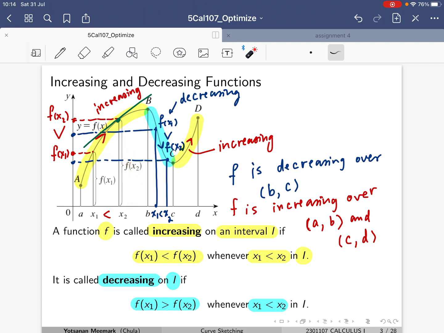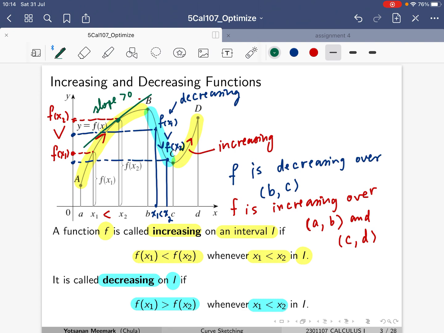So the slope of the tangent line is positive. So over an increasing interval, the slope of the tangent line is positive.